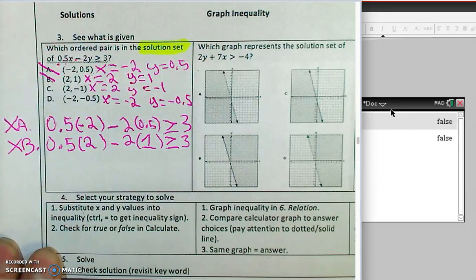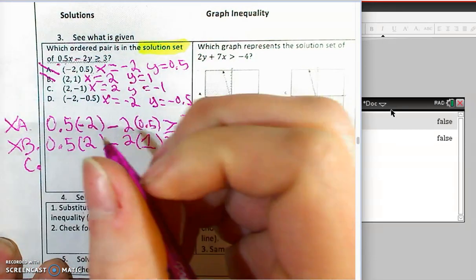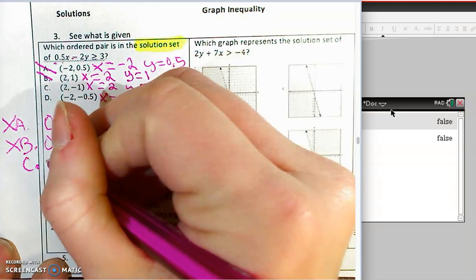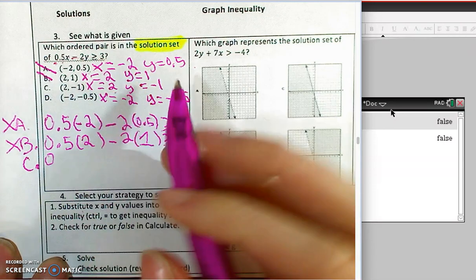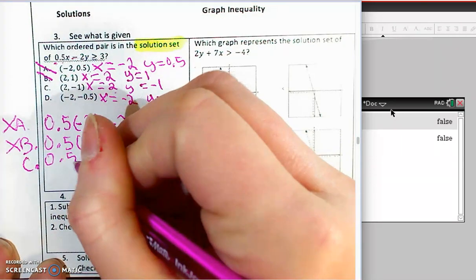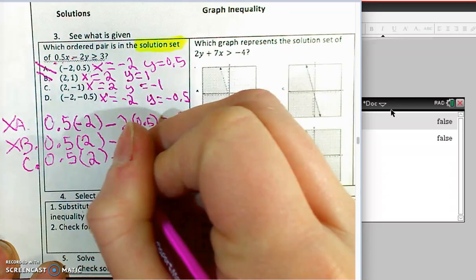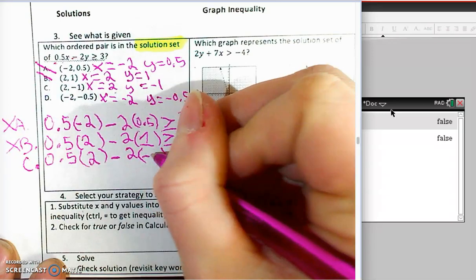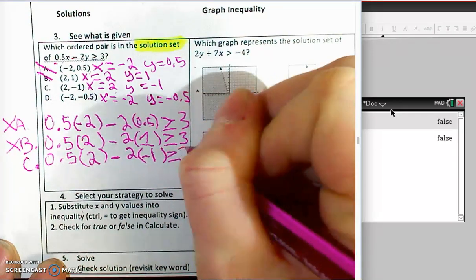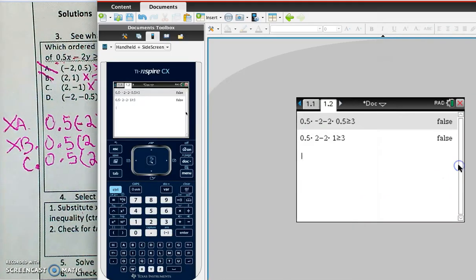Now it's time to check answer choice C. For answer choice C, we have x equals 2 and y equals -1. So 0.5, parentheses, instead of x we are putting in a 2, minus 2, parentheses, instead of y we are putting in a -1, greater than or equal to 3. Again, we need to type it in exactly like this as we see it into our calculator.